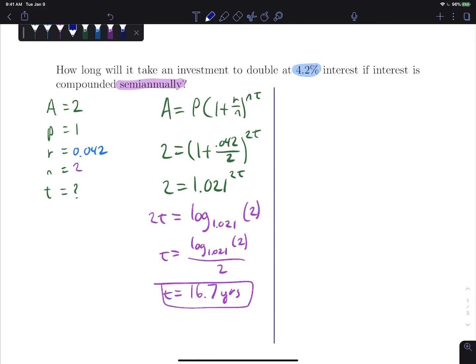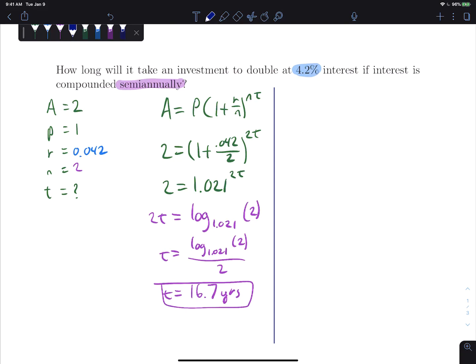As I'm recording this, it is currently October 7th, 2020. So I'm going to type into Google US inflation 2020. And currently, our inflation in an annualized rate is 0.62%.